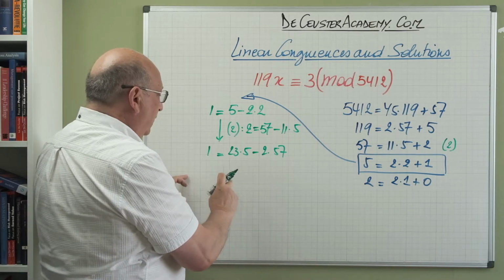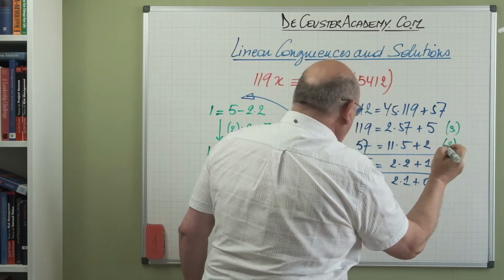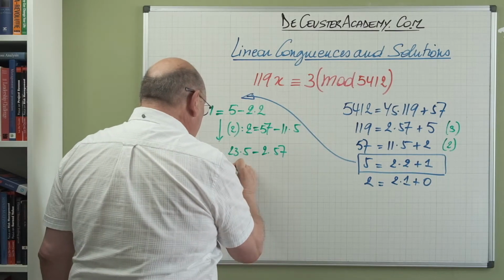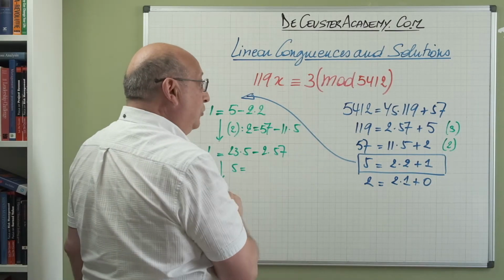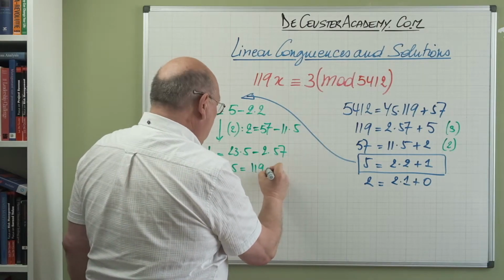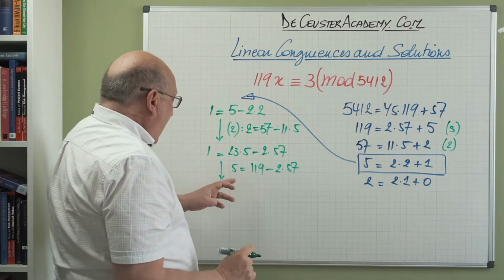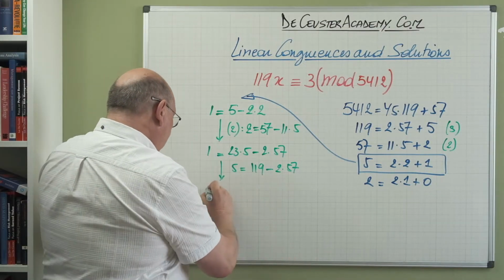Now we continue. The next element that we are going to put there is from equation 3. So here we can say that 5 is equal to 119 minus 2 times 57. And we replace 5 in this equation.